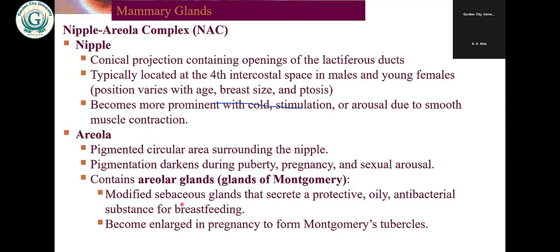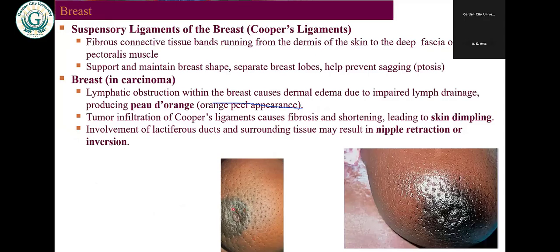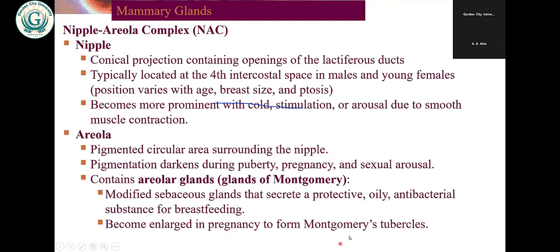Now, when it becomes enlarged, on the surface you find some bumps, something like these ones here. Those are what we call the Montgomery tubercles. So the glands are what you are seeing on the inside, and the tubercles are what you are seeing on the outside.